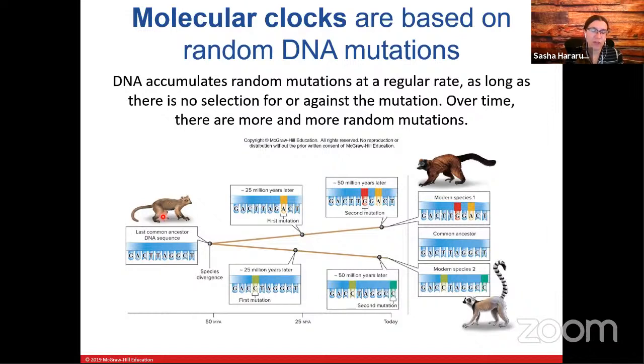The stable mutations in the DNA, the mutations that are inherited over time, are pretty regular. They occur like once in 25 million years. So this picture shows the divergence of lemurs.